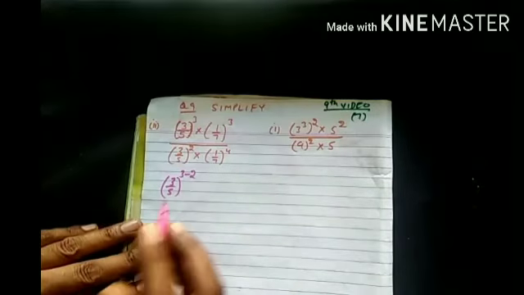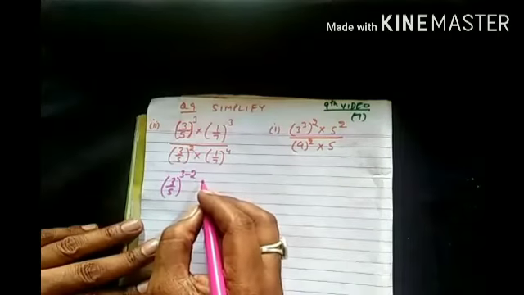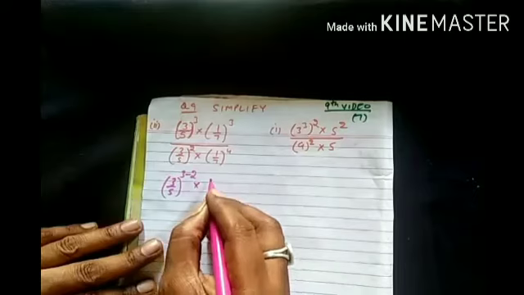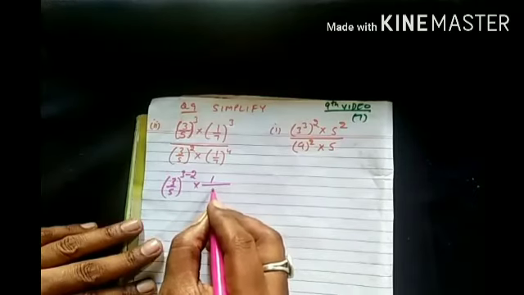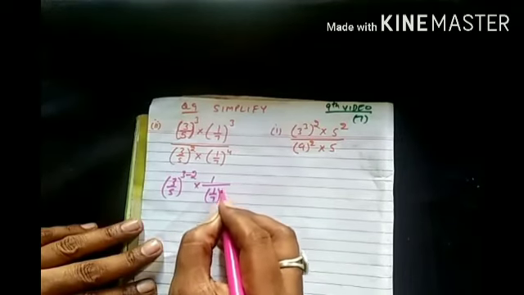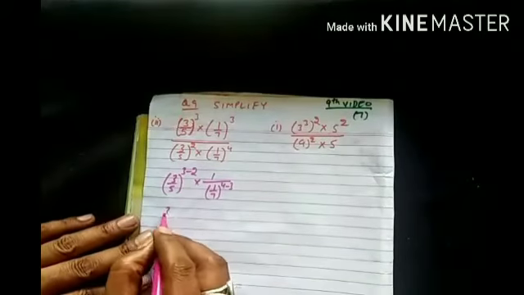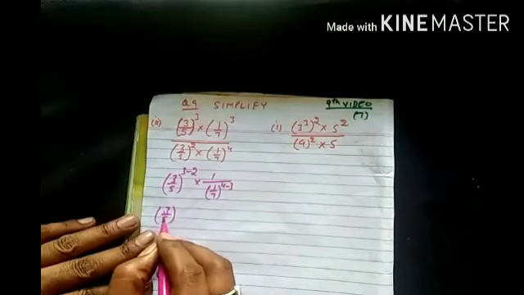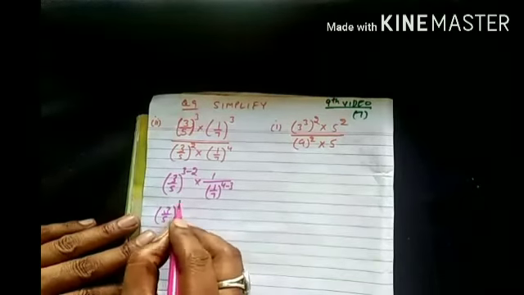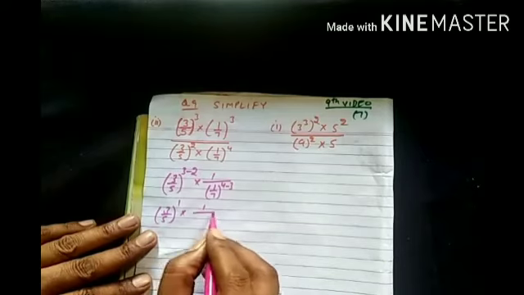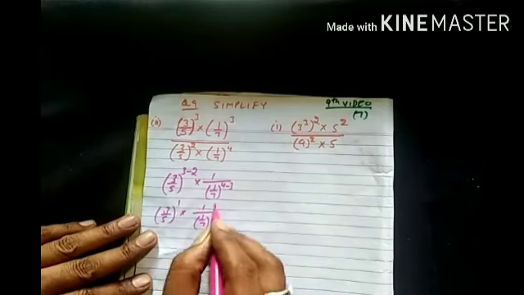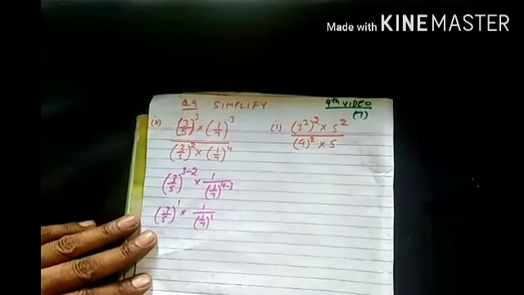Now what we will do? As we know, we will write in reciprocal by subtracting 4 minus 3. Now 3 by 5 to the power 3 minus 2, that is power 1, and 1 over 1 by 7 to the power 4 minus 3, power 1.